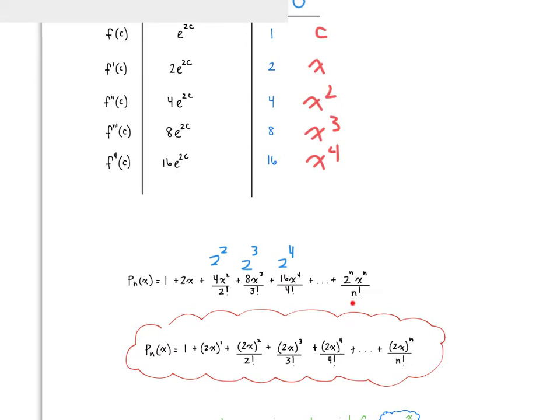So how do we rewrite this? Well, our polynomial Pn of x is equal to 1 plus 2x to the first plus 2x squared over 2 factorial plus 2x cubed over 3 factorial plus 2x to the fourth over 4 factorial, all the way up to 2x to the n over n factorial.